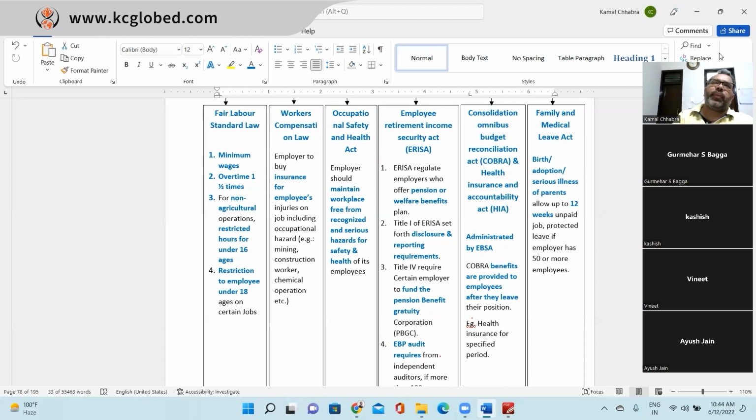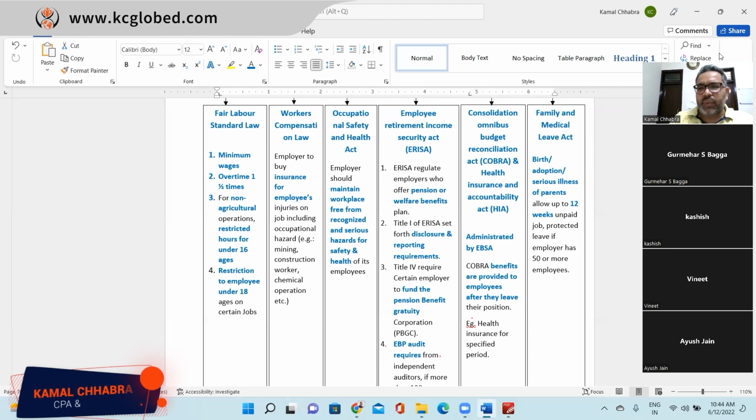You cannot employ on a regular basis any person under the age of 18 in companies which are using heavy materials, equipment, hazardous components, or chemicals or something like that. In those companies, you cannot appoint full time an employee who is less than 18 years of age.